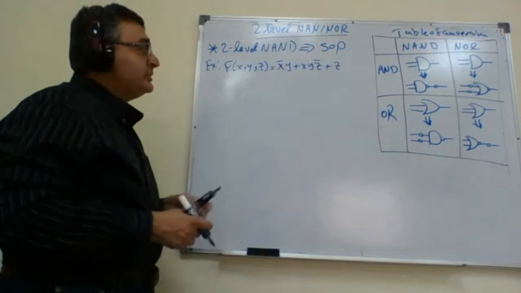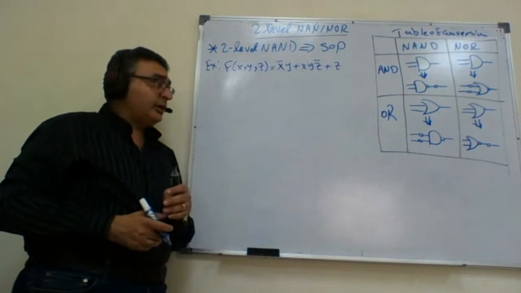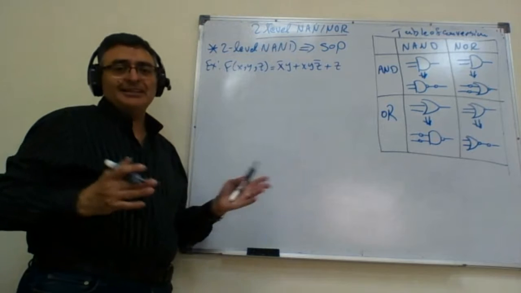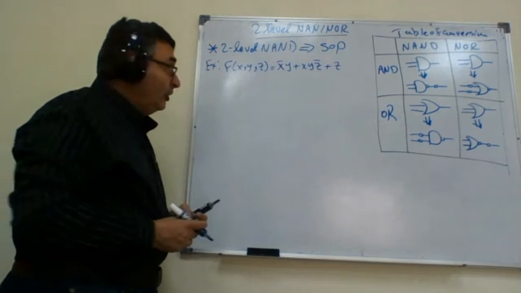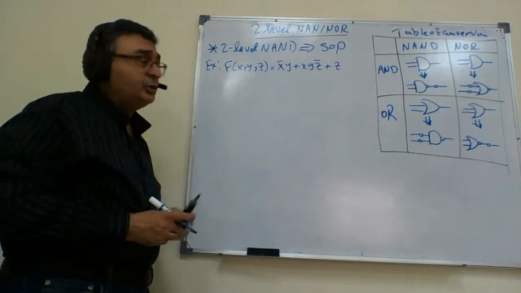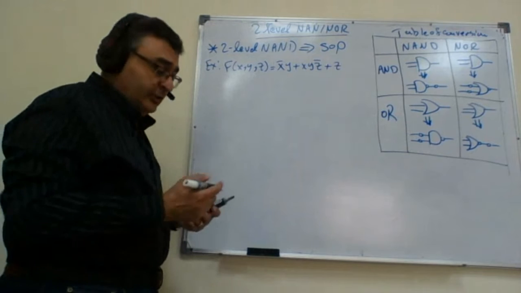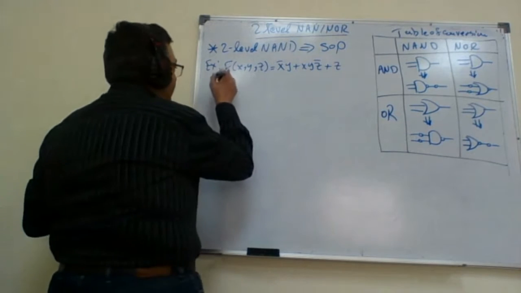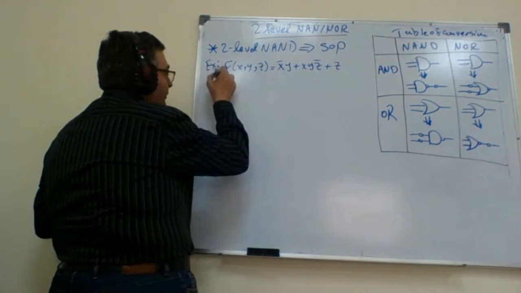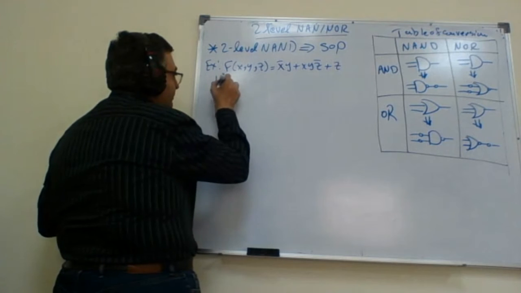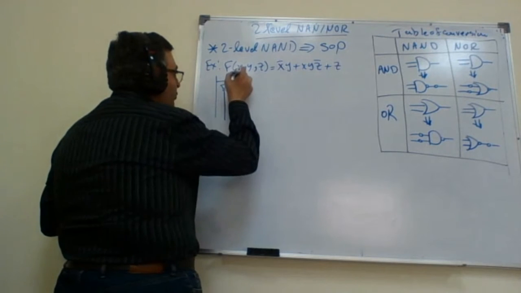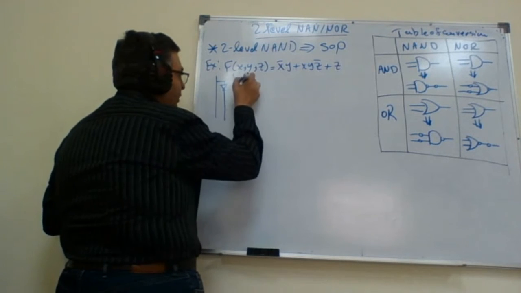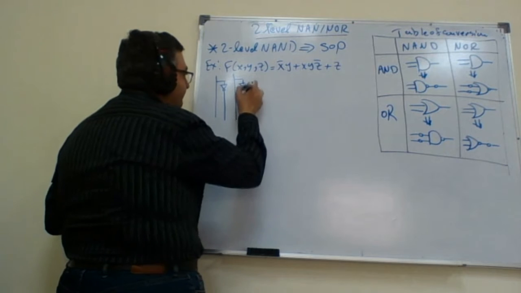Okay, so this time let's draw the circuit in a standard way. All of us know how to draw this circuit as a standard. In a standard way, the inputs are vertical wires, two wires representing each parameter.